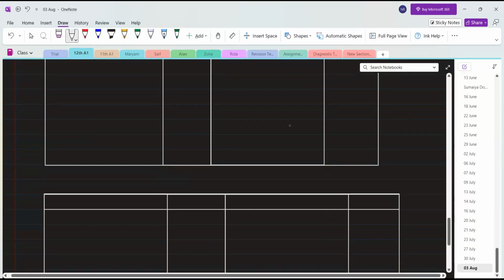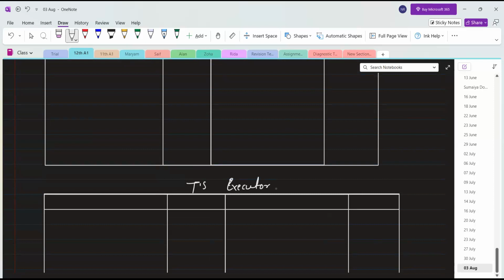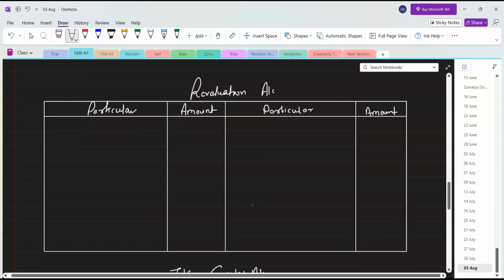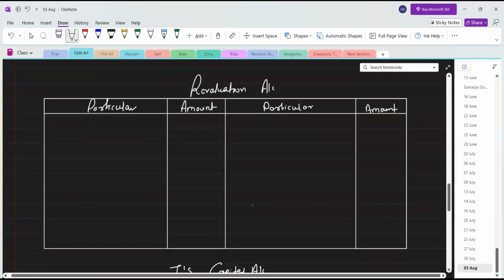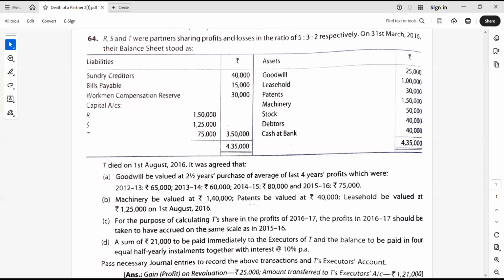And the third account is T executor. Okay. Now there are many adjustment we need here.